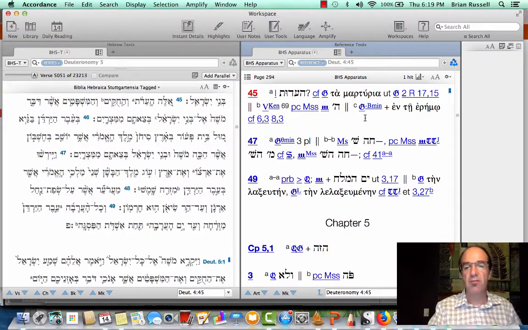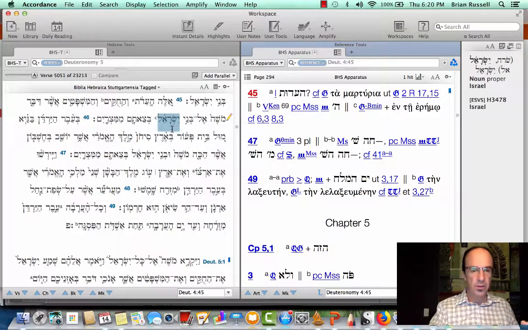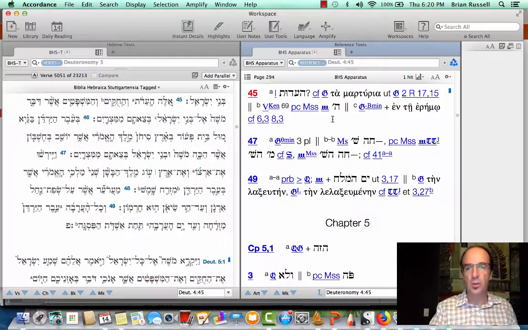The C, we have the Septuagint, and then the B has to do with the Sinaiticus version of the Septuagint, and a few minuscules. There's an addition of en te eremo, and they're rooting that in how those texts also read chapter 6, verse 3, and chapter 8, verse 3. Again, there's no need to amend the Hebrew text based on that. We would go with the Masoretic text here, but you do want to note what this means.